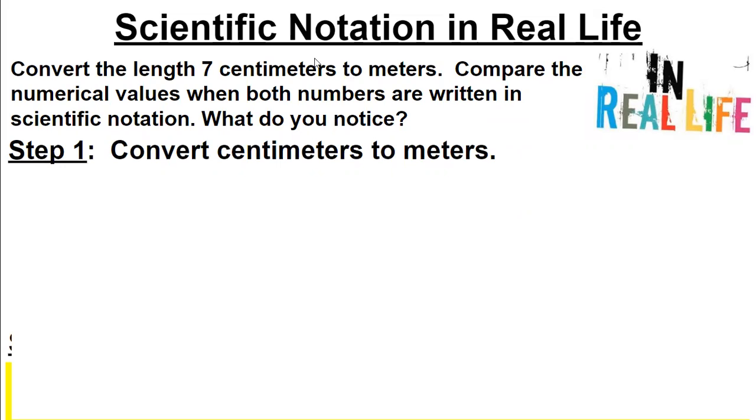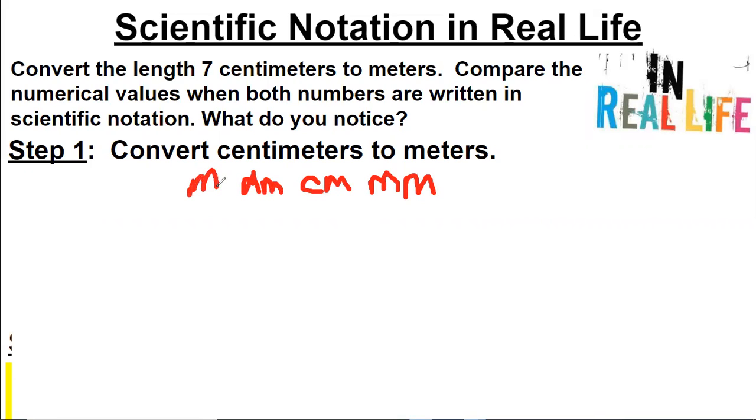So when we are writing and converting in metric, I don't know if you remember this from maybe 5th grade or 6th grade, you have millimeters, then centimeters, then decimeters, and then meters.